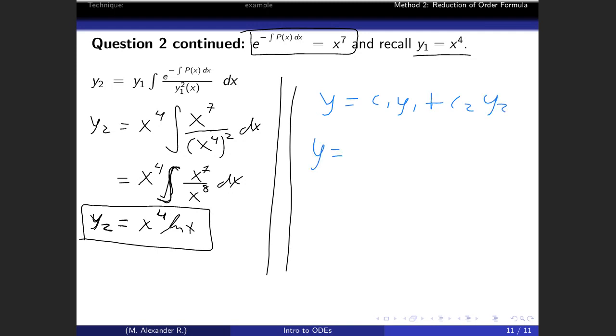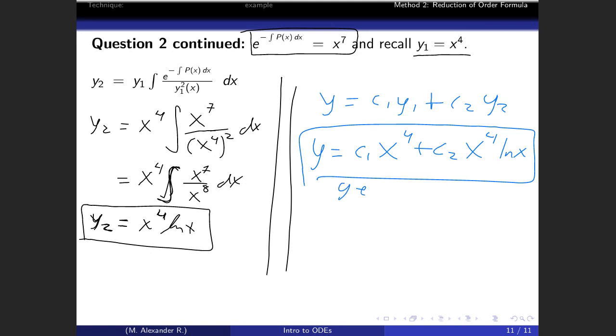So the general solution is c1 multiplied by y1, which is x to the 4, plus c2 multiplied by y2, which is x to the 4 ln of x. All right, so this is the general solution to the given differential equation.